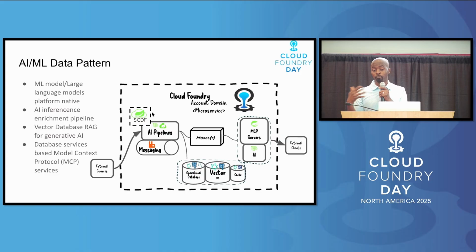Think about fraud detection for financial use cases, or predictive maintenance for logistics use cases, or doing things like natural language processing. You could determine the sentiment of certain texts or summaries of large amounts of text. Again, there are lots of different options that you can unlock with this particular use case.